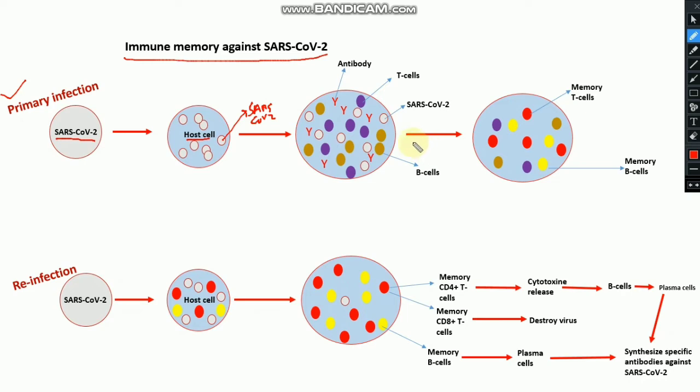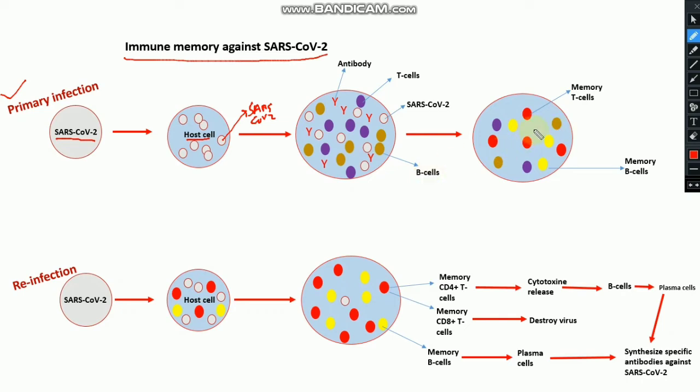Alright, but over time, after several days, when the virus is completely eliminated from the human body, the number of these T cells or B cells gradually decreases. They're gonna die over time after several days, when SARS-CoV-2 is eliminated from the body.